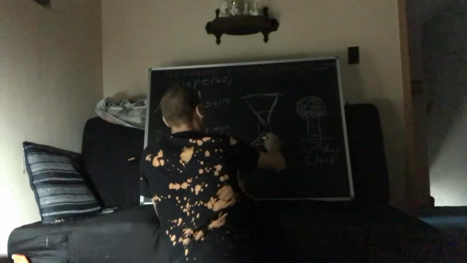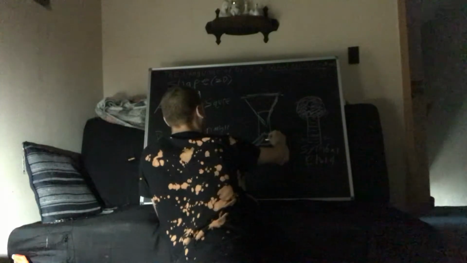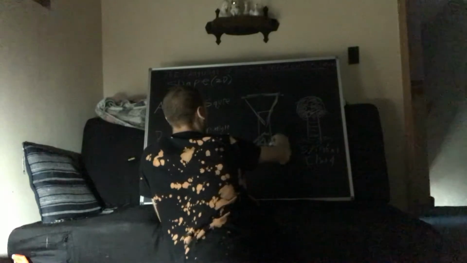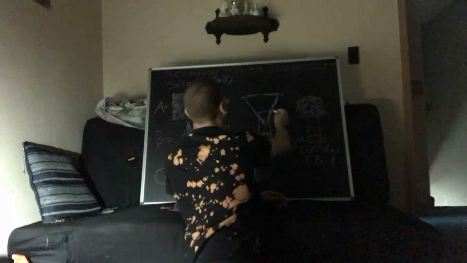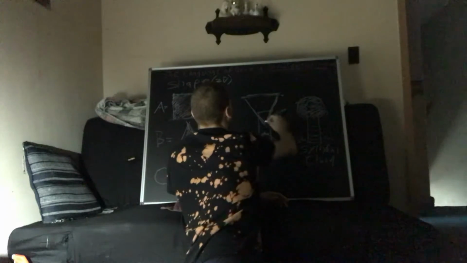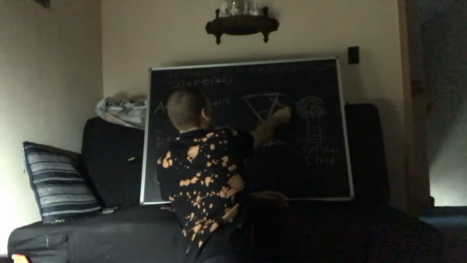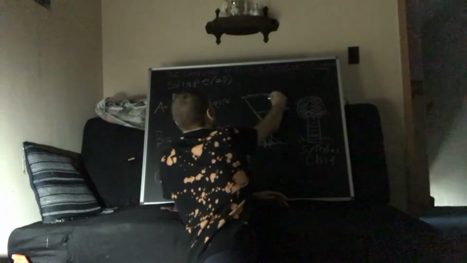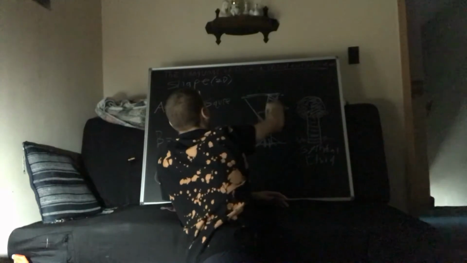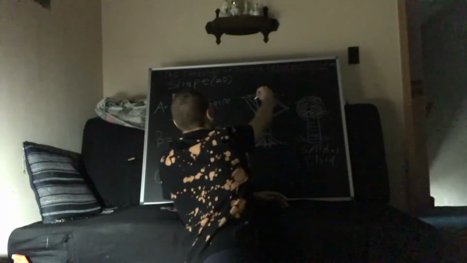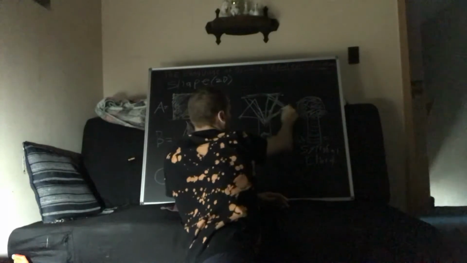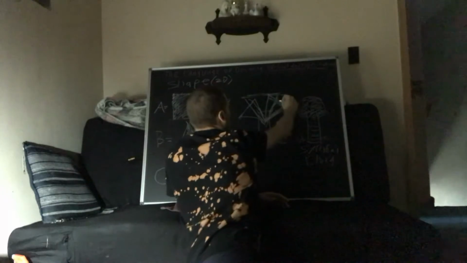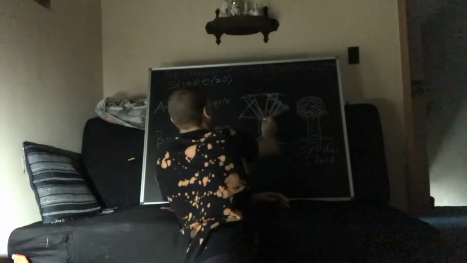So then we start building other diagonals in here, and then we start thinking about setting other triangles within this triangle, like this. And then we start thinking about the branches that are other diagonals.